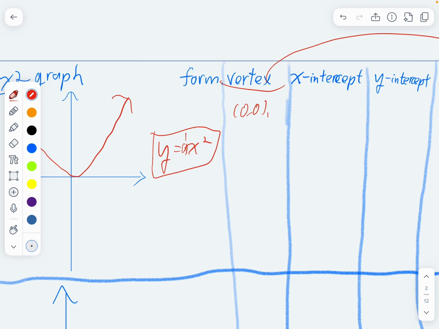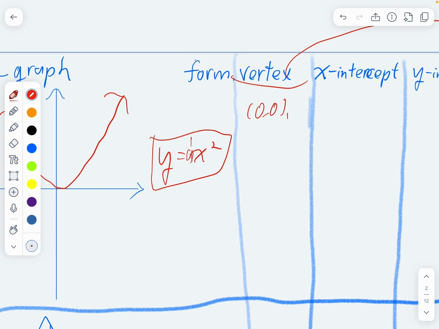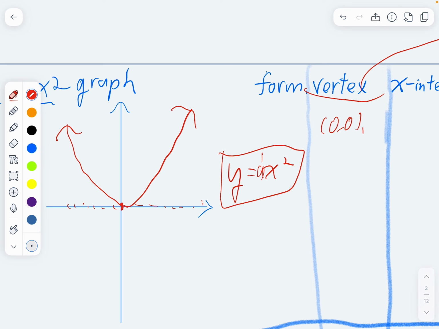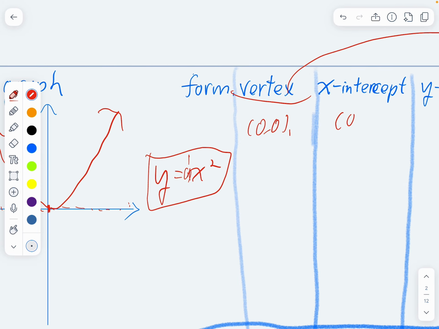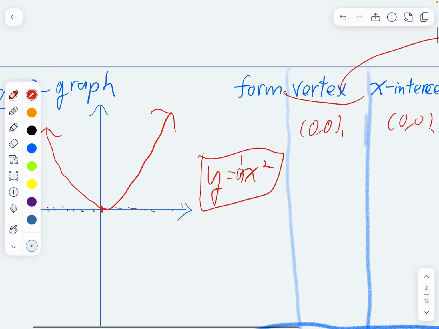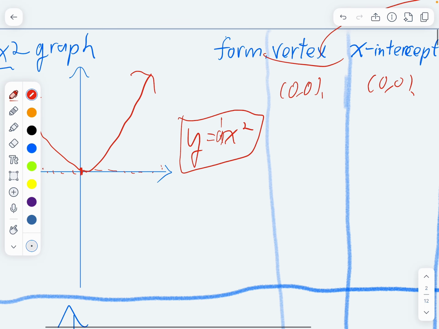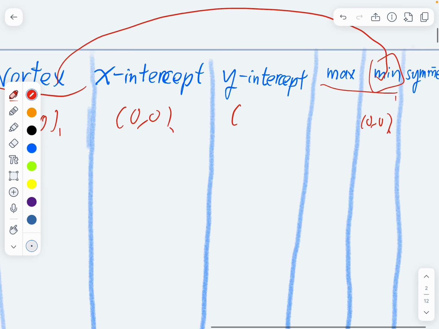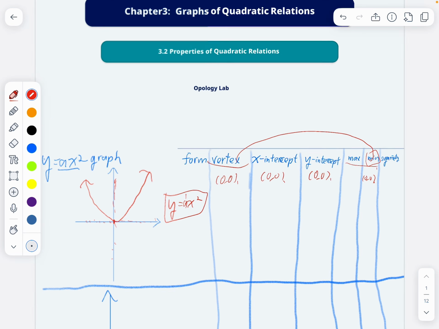Okay, let's see the x-intercept. That means we find the numbers on the x-axis that the graph passes through. We can note that only (0, 0) passes. For the y-intercept, we find the numbers on the y-axis the graph passes through, which is also the origin.